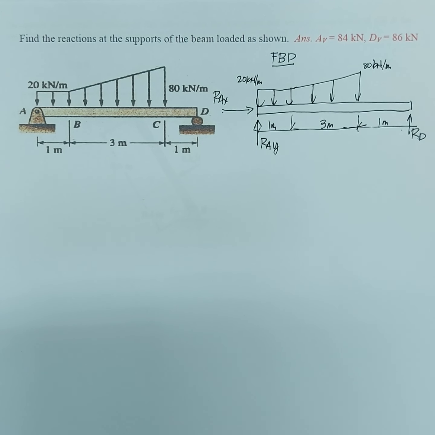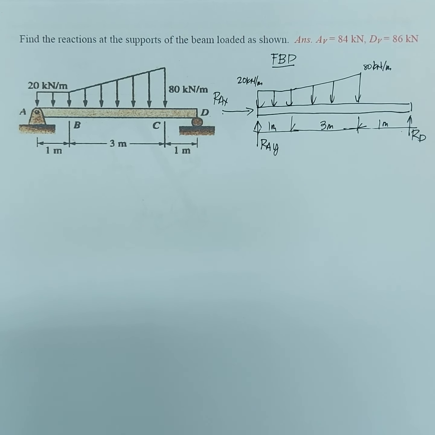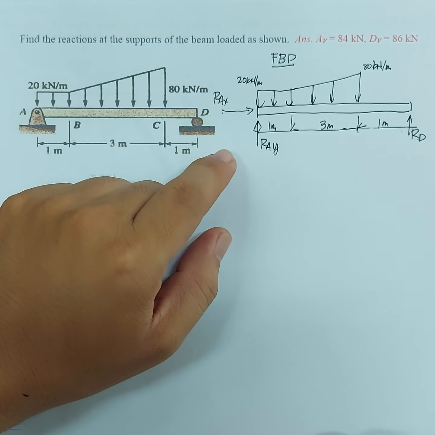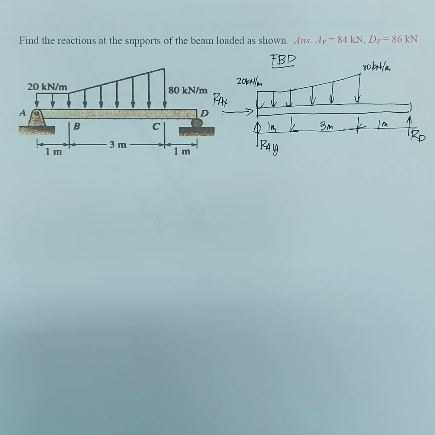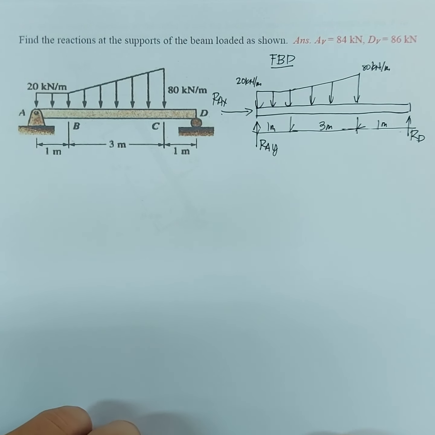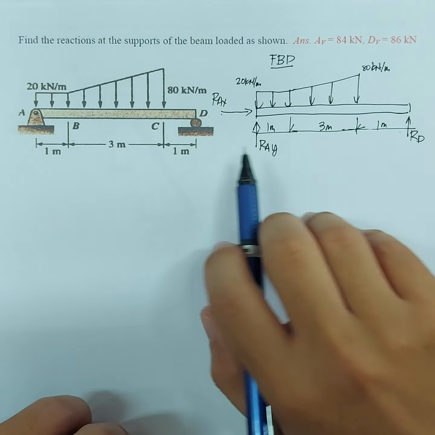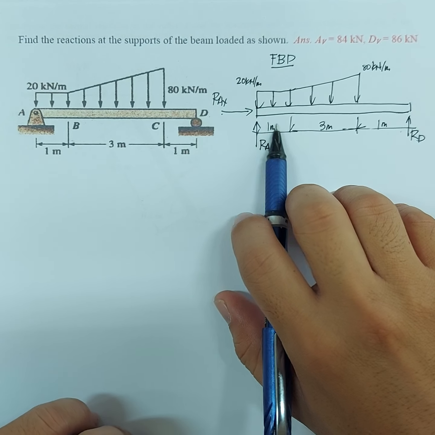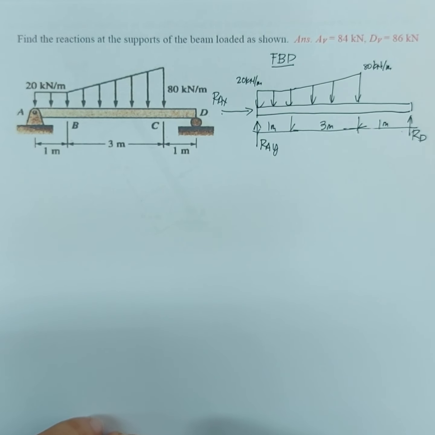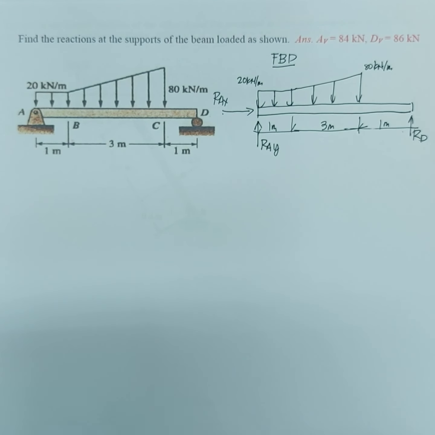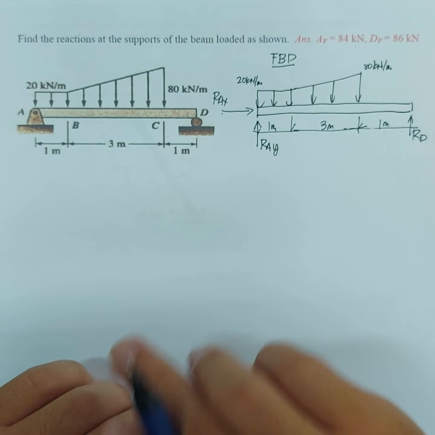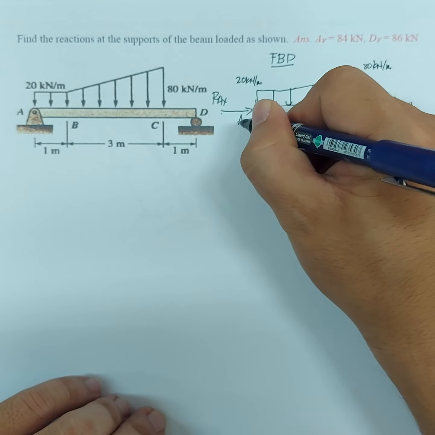So summation of moments, we can summate moments at any point along the structure, along the beam. Pero para to simplify yung analysis natin, mag-summate tayo ng moments where two or more unknown forces are located. So we summate moments where two or more unknown forces are located. No? In this case, that is point A.